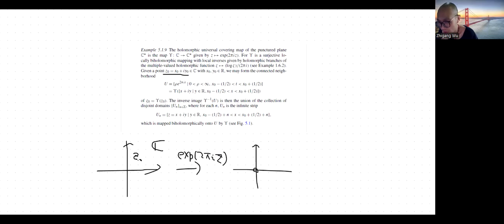The rho value is all the positive numbers, and the t values are a one half neighborhood of this x naught, where x naught is the real value.